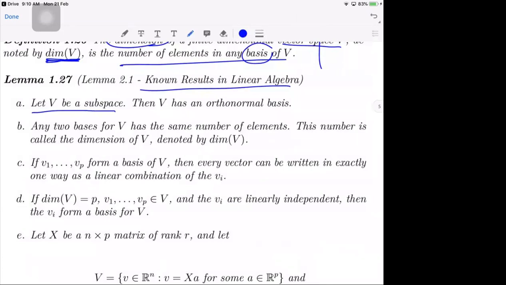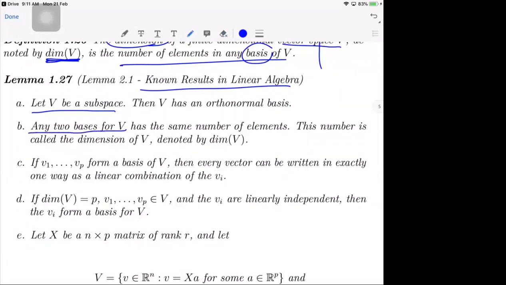So in all of these, you have a subspace V, and V will always have an orthonormal basis for itself. So what is an orthonormal basis? First, you have a basis, and then that set of vectors in that basis will be orthonormal: the inner product with the other vectors is equal to 0, and normal, the inner product with itself is equal to 1.